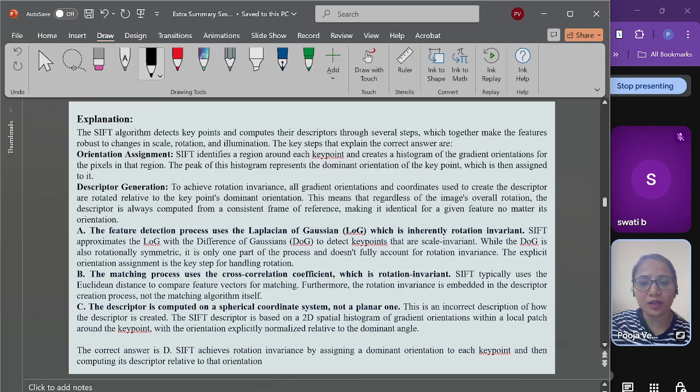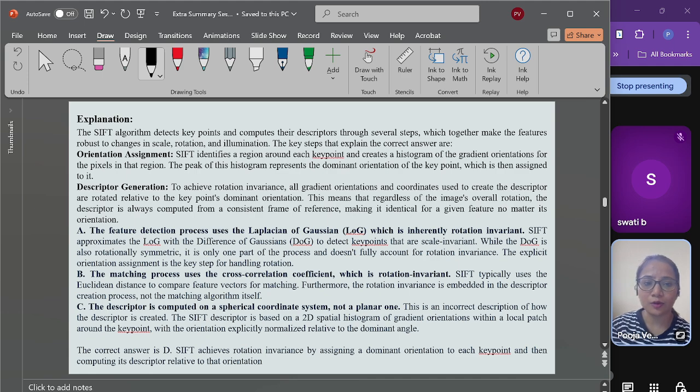To achieve rotation invariance, all the gradient orientations and coordinates used to create the descriptor are rotated relative to the key point's dominant orientation. That means regardless of the image's overall rotation, the descriptor is always computed from a consistent frame of reference.